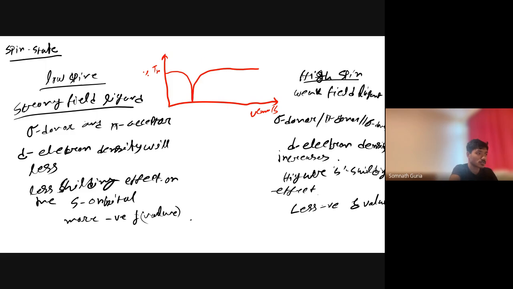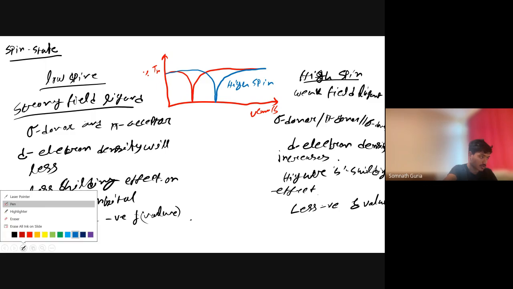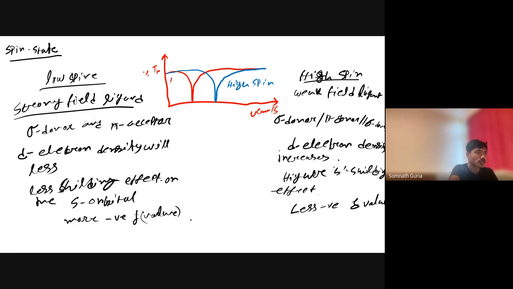Okay, this is the high spin one, this will be the low spin. Okay, this is the low spin, and on the other side is the high spin.